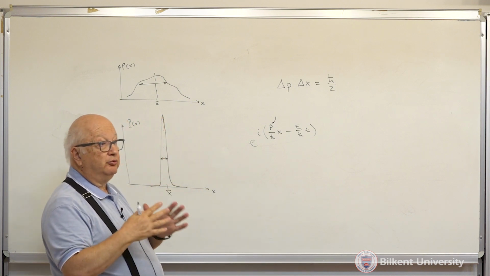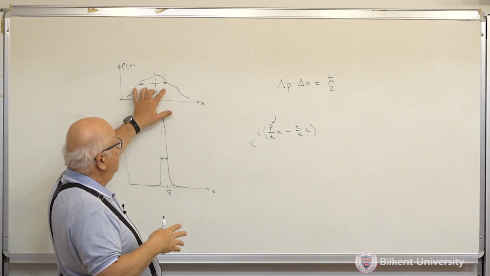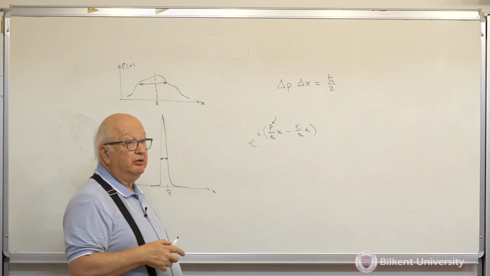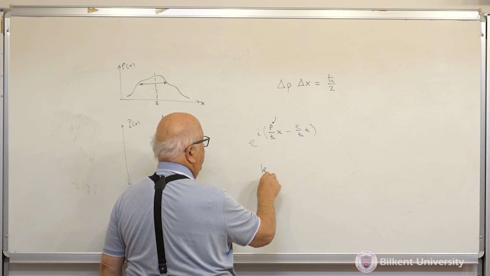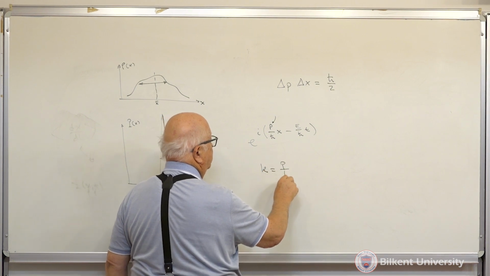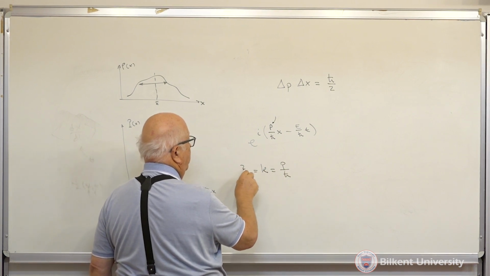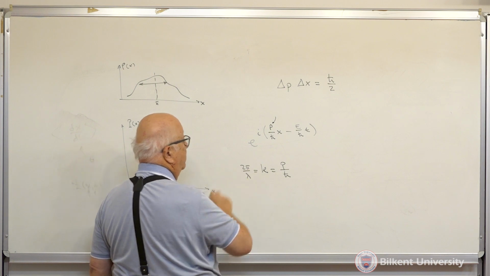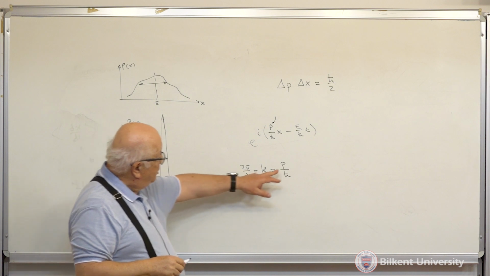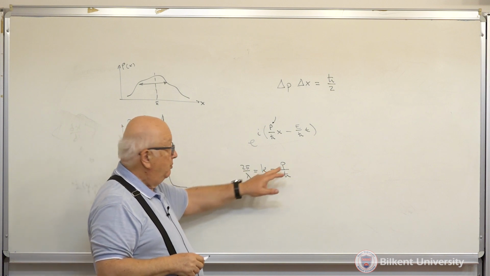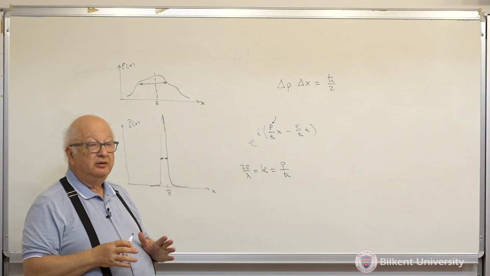So if I have a certain momentum, I have a wave with a certain wave function. And this object here, k, which is p over h bar, is 2 pi over lambda. So large momentum means small wavelength.